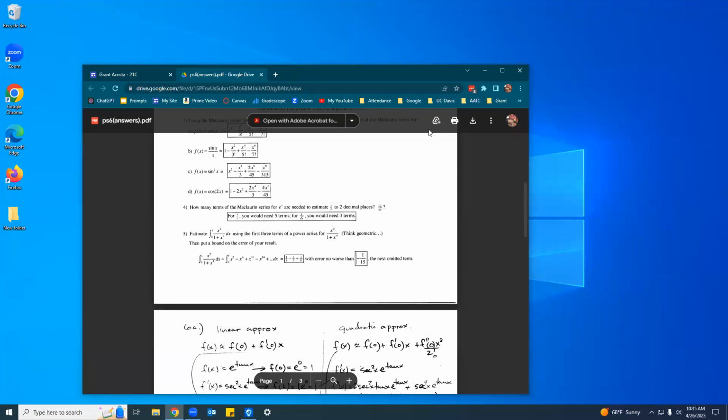Our error is going to be less than or equal to the n+1 derivative at z.